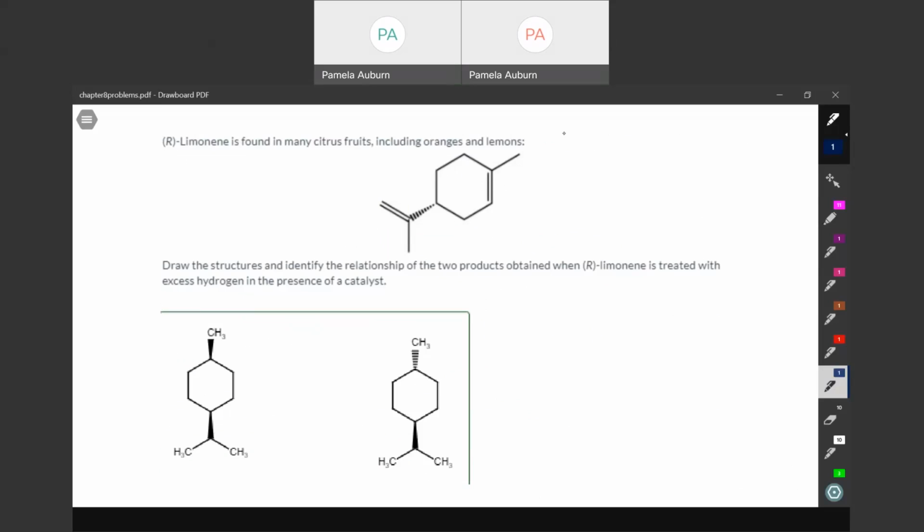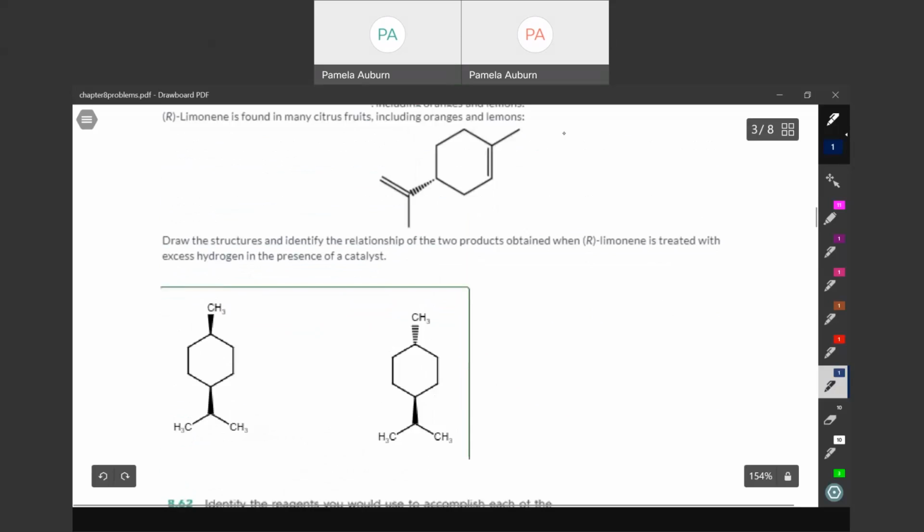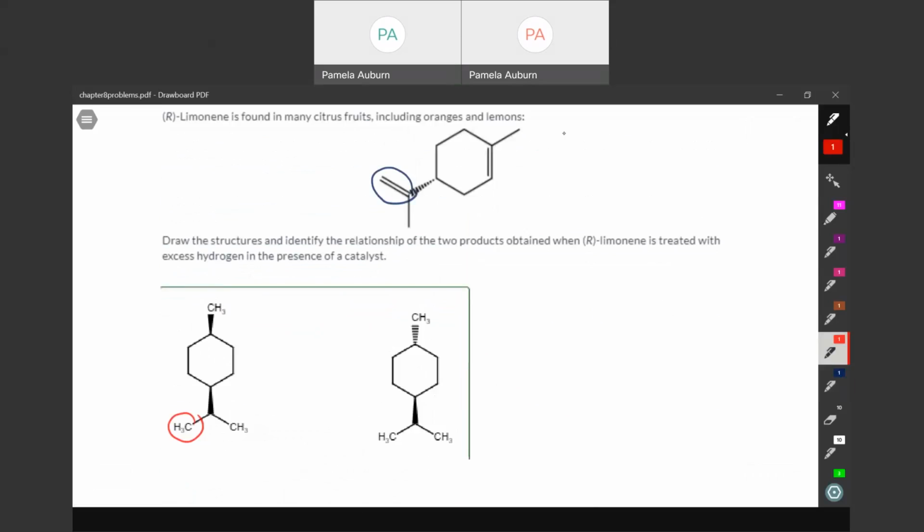And in fact, it doesn't really matter here because what you're going to do is hydrogenate the double bond here. So there'll be a methyl group there, and you're hydrogenating that bond.